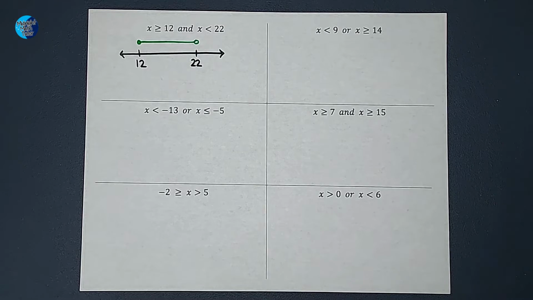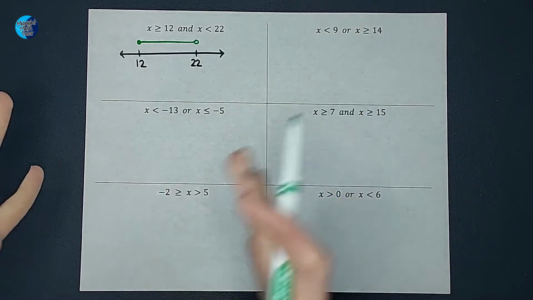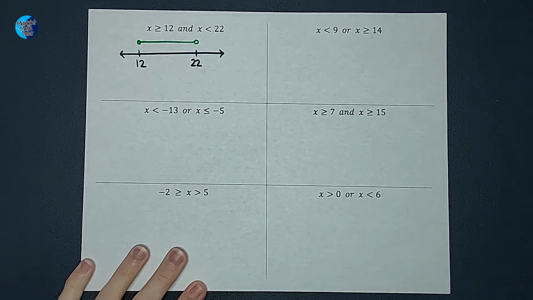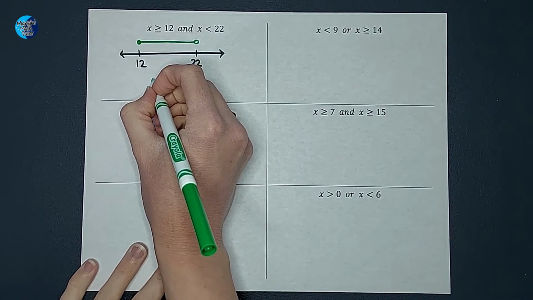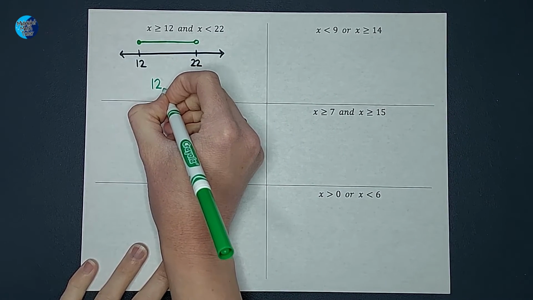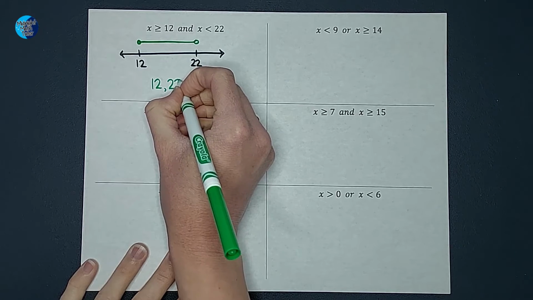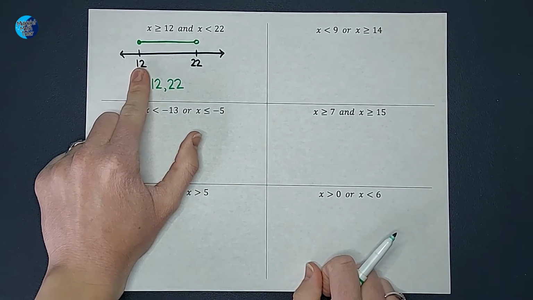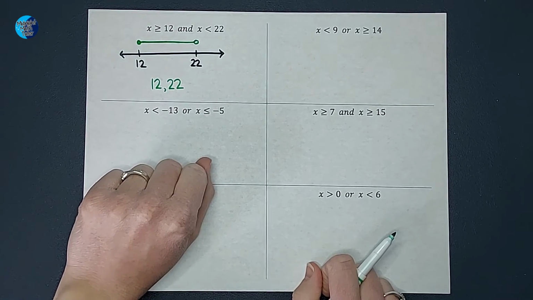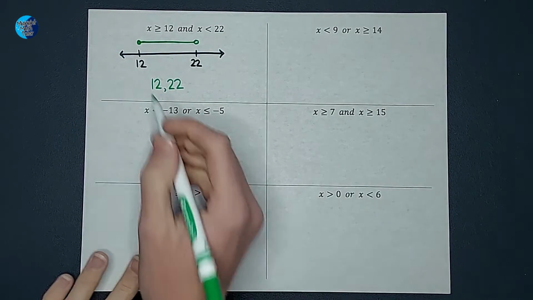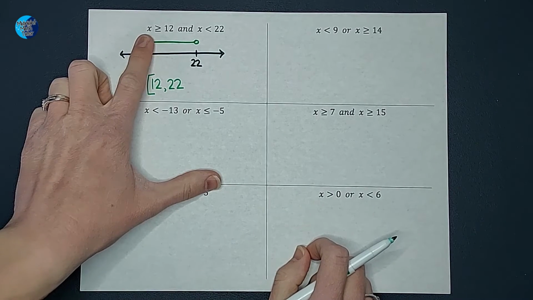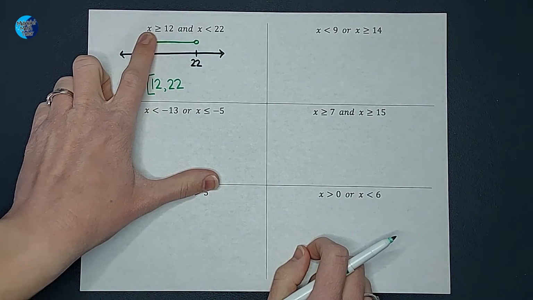All right, so now I need to write this as a range of numbers that will work. So I'm saying, if someone's like, well, what number can I pick? I say you can pick any number between 12 and 22, but how do I show them that they can include 12 but not 22? Well, if the number can be included, I do a bracket. 12 is greater than or equal to 12, so it satisfies that one.